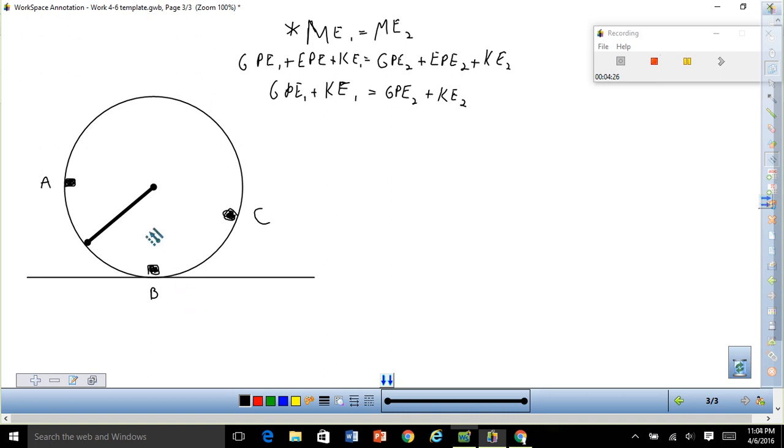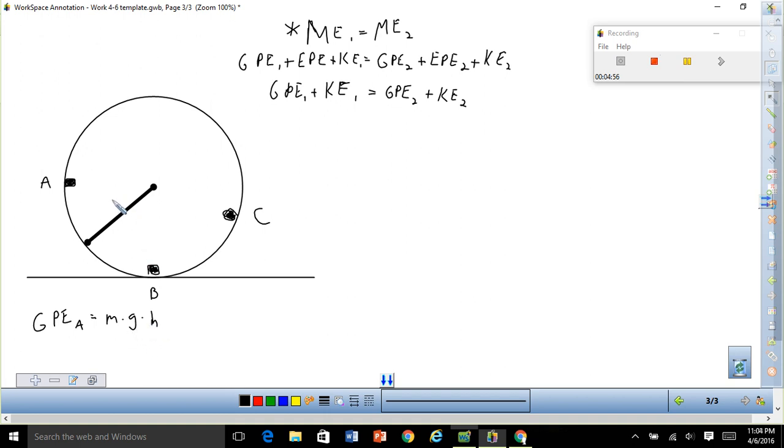So if it asks for the GPE of A relative to B, well, the GPE at any point is equal to m times g times its height relative to some reference. And in this case, you're given mass in your question, and we understand g is 9.8 or 9.81 meters per second squared.